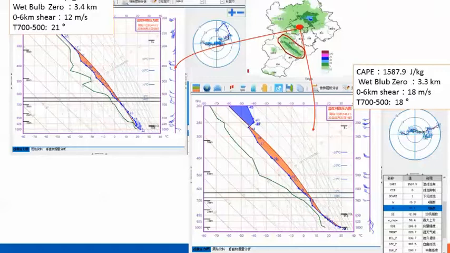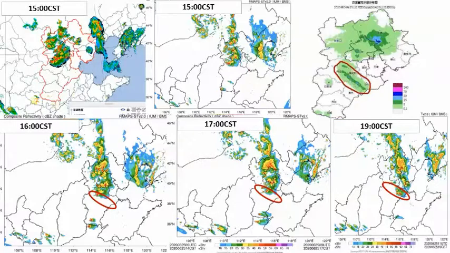CAPE and shear both strengthen, which lets us make sure the organization of thunderstorm may be supercell and hail weather is expected. Comparing the model forecast at 15 o'clock CST with real radar observation at the same time, we decided that they are close enough to allow us to trust the models.